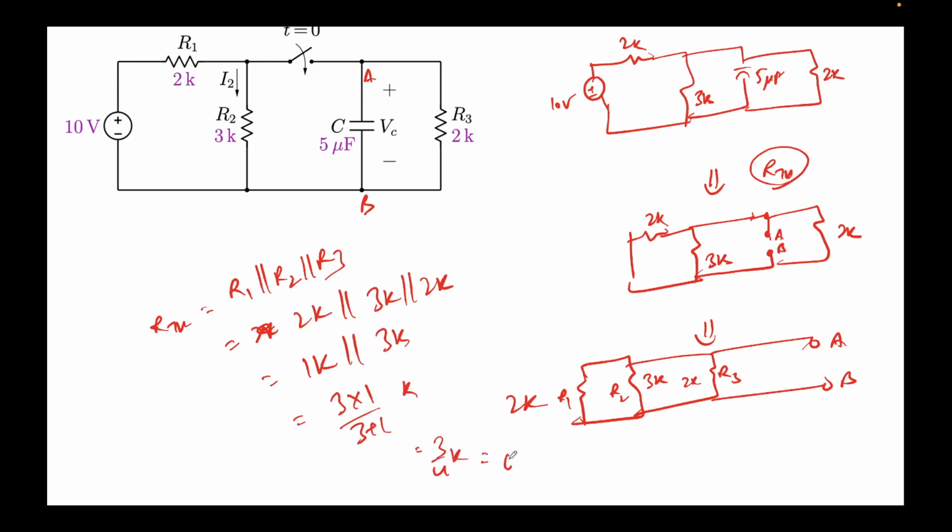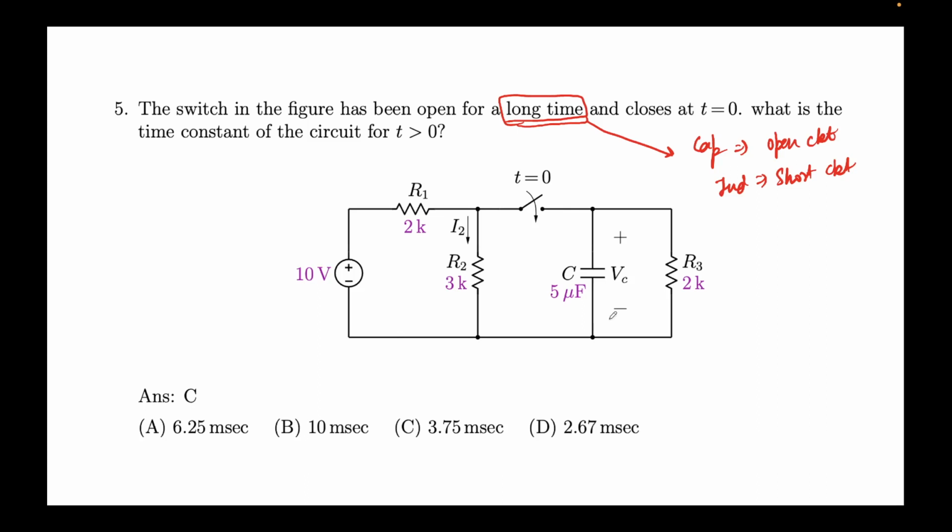So this comes out to be 0.75 kilo ohms, and we know the time constant is nothing but RTH times C. So 0.75 times C, which is 5. K times micro becomes milli, and the unit will be seconds. So 0.75 into 5 will be 3.75 milliseconds. Do we have an option? Yes, option C, 3.75 milliseconds.